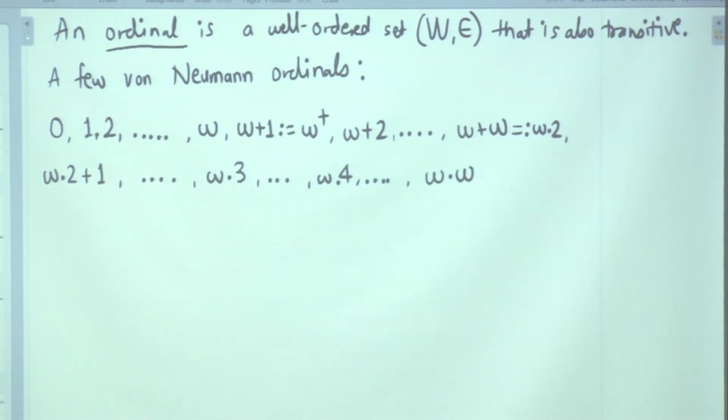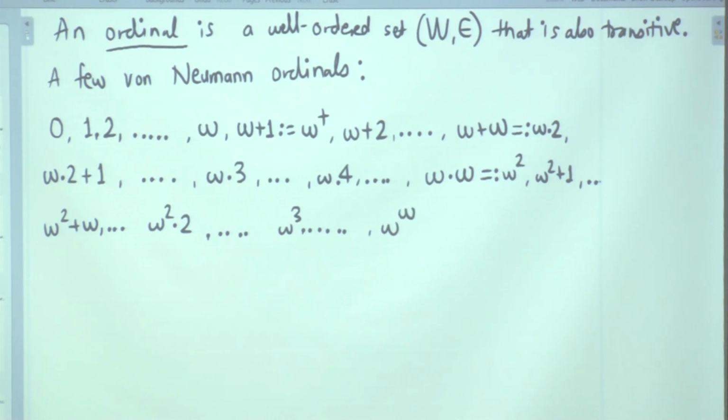Omega dot omega, which we write as omega square, then omega square plus 1. Again add 1, add omega, continue. So ultimately you will have omega square plus omega, then omega square dot 2, and omega cube, and you continue like that, then you will have omega to the power n for any n, then you will have omega to the power omega, right?